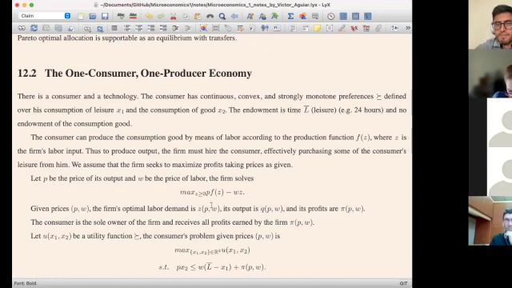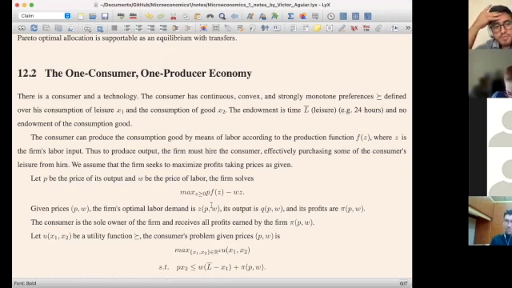Then the firm solves the profit maximization problem, which is to maximize, over the quantity of input, the profit, which is the price of the output times the number of coconuts produced with input Z, minus the cost of hiring this labor, which is W, the wage, times the units of labor.